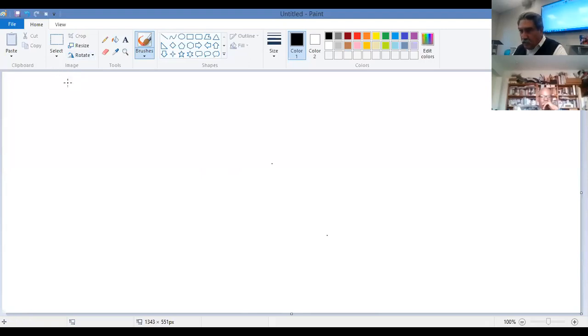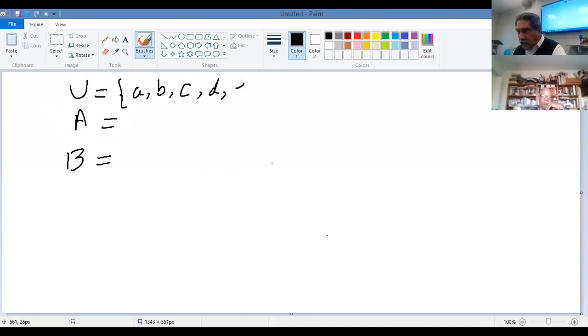So we have a universal set, then we have a set A, and then we have a set B. I think the universal set was, if I remember correctly, A, B, C, D, and E. Then set A was, let me just make sure that I'm reading it correctly.